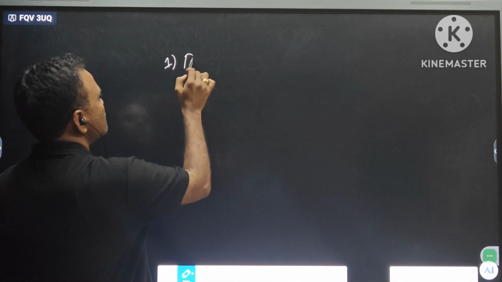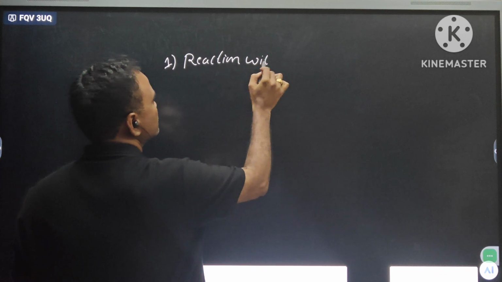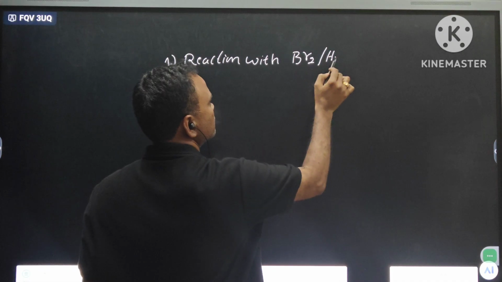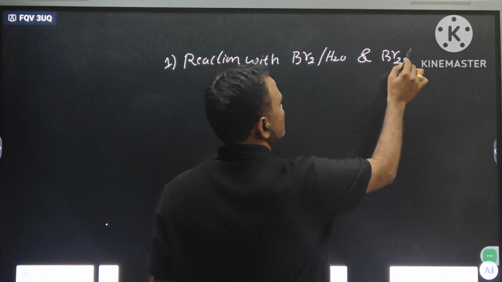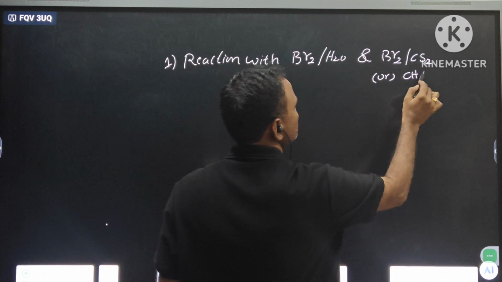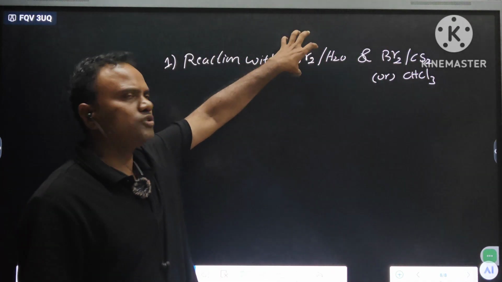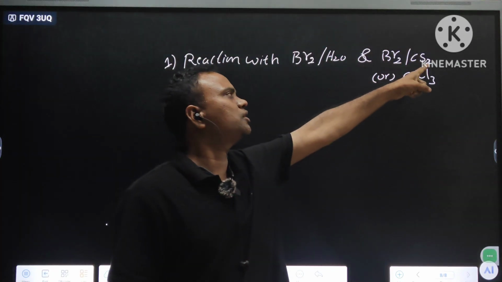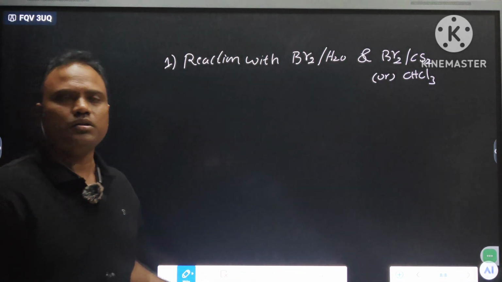First chemical property: reaction with bromine water and bromine in CS2, carbon disulfide, or chloroform CHCl3. Reaction of phenol with bromine in polar solvent. Reaction of phenol with bromine in a non-polar solvent, CS2, carbon disulfide, non-polar solvent.